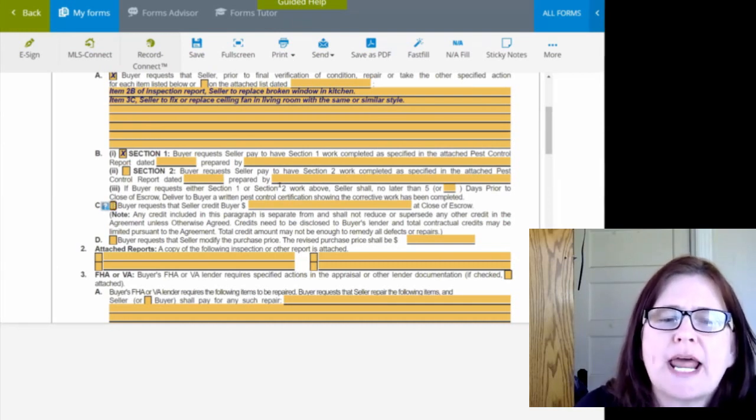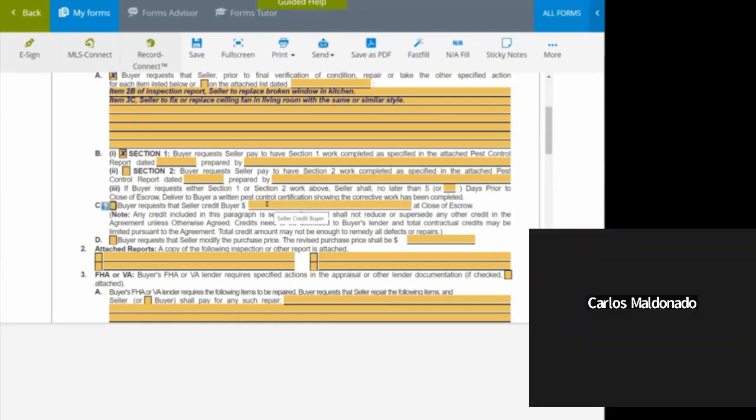Yes. I was gonna say, would it be better if we just put in right there the total of, let's say we have multiple items and we're either requesting them to repair it or to give a credit for it, and then we can put down right there the total amount all equal? Would that be smart?